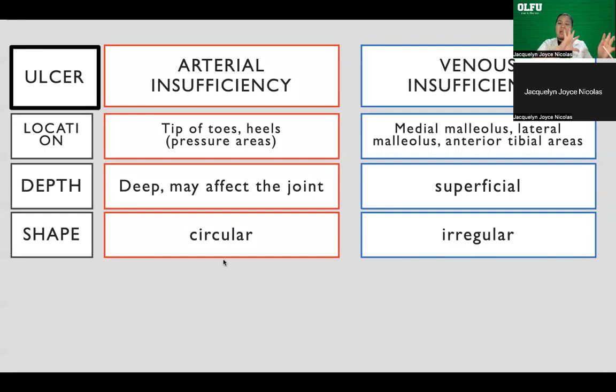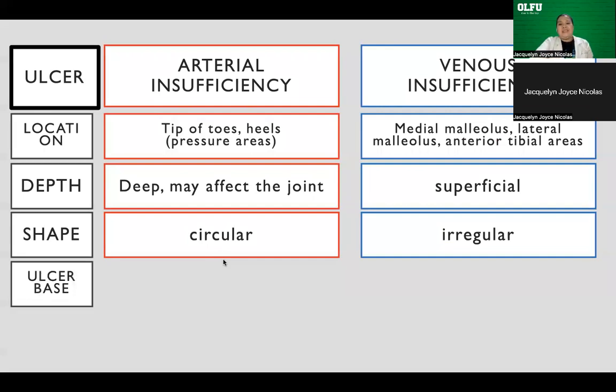May part na parang pagaling na, may part na medyo ulcerated talaga, may part naman na parang discoloration lang sa skin. So, ganun siya. So, it's really hard to identify to what extent the ulceration is. Okay? Unlike, again, arterial naman, kitang-kita siya. I'll show you an image later.